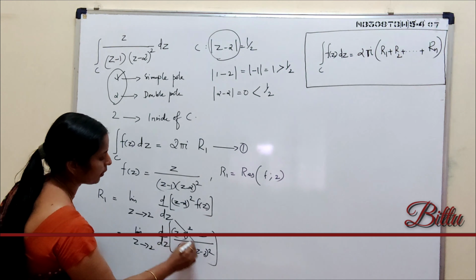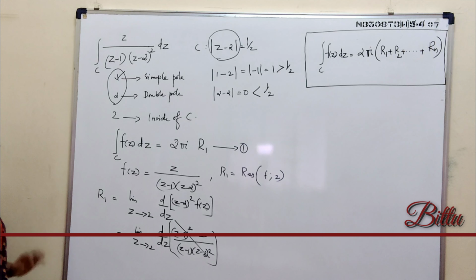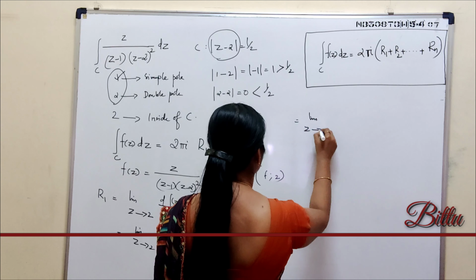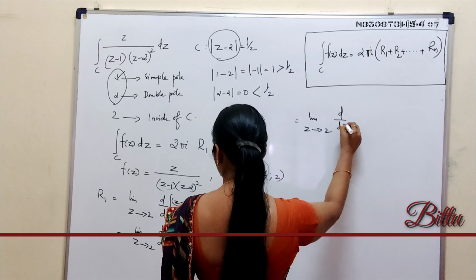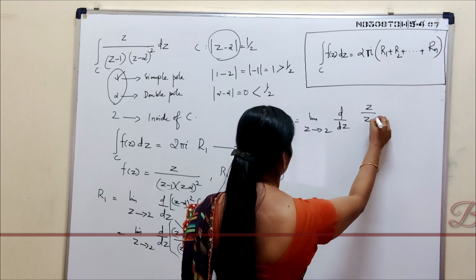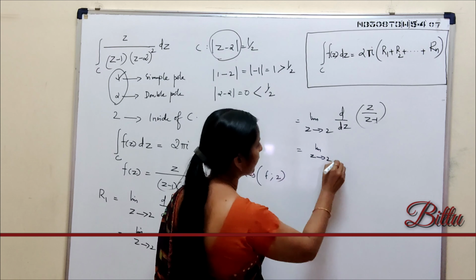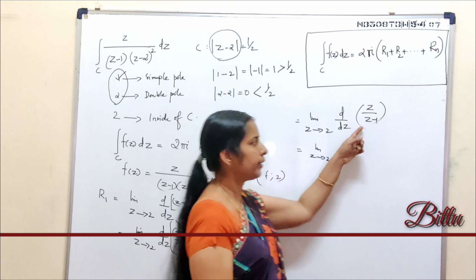So in all questions you can make a cancellation here. So it is limit z tends to 2 d by dz of z by z minus 1. See, you have to take its derivative.